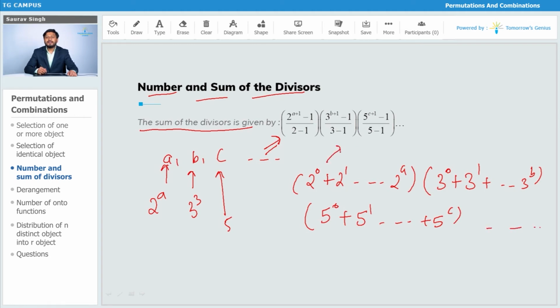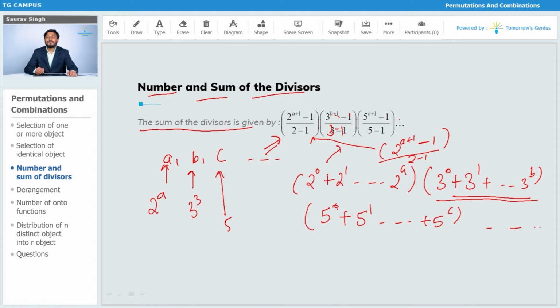So how can we write this? This is a GP. The sum of a GP is, what is the first term here? 2 raised to the power 0, that is 1, and the sum is 2 raised to the power a plus 1, the number of terms, minus 1, upon 2 minus 1, which is this term. And for 3, this is a GP again with common ratio 3. The sum is given as 3 raised to the power b plus 1, there are b plus 1 terms, minus 1 upon 3 minus 1.